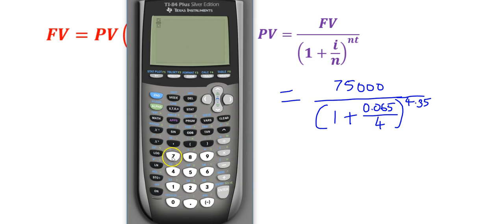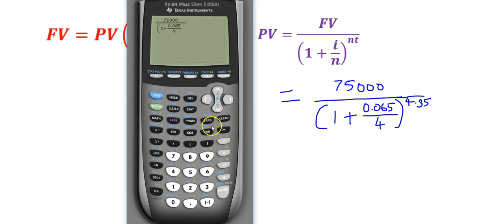It is 75,000 on the top, the numerator, and in the denominator I'll start with parentheses: 1 plus, again a fraction, 0.065 over 4.